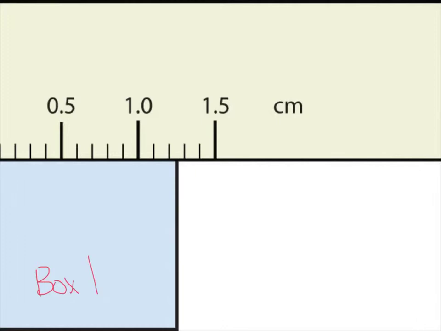So we know that it's at least, which I'm going to draw in blue to indicate our certain digits, 1.2 centimeters with certainty. We know it extends past 1.2, doesn't quite get to 1.3. That's where our uncertain or estimated figure comes in.